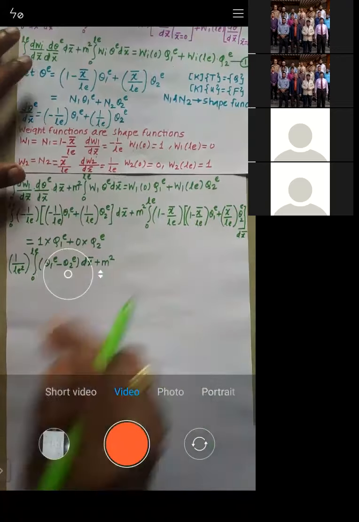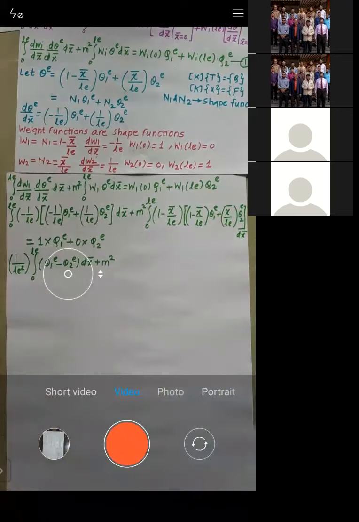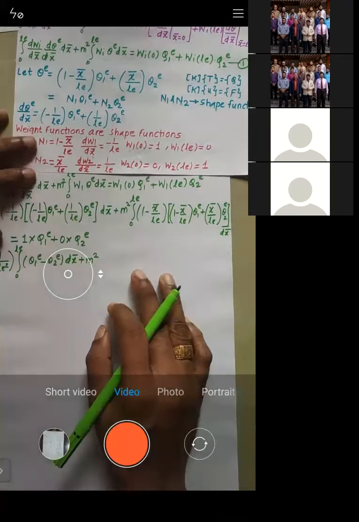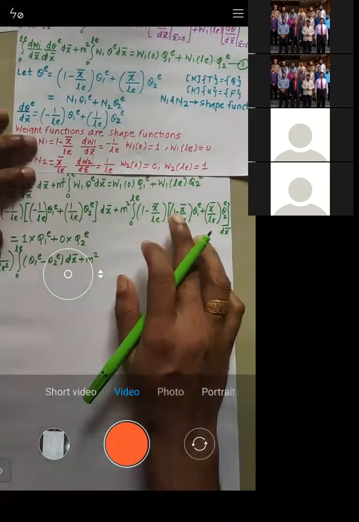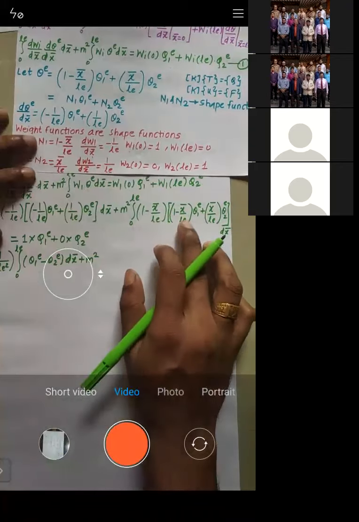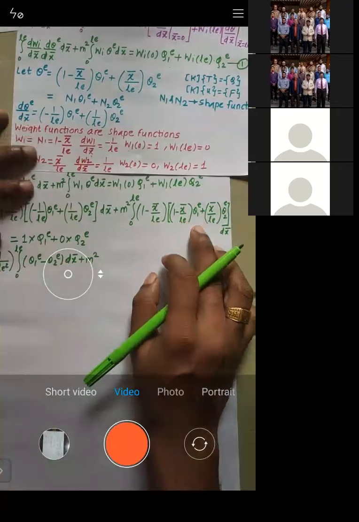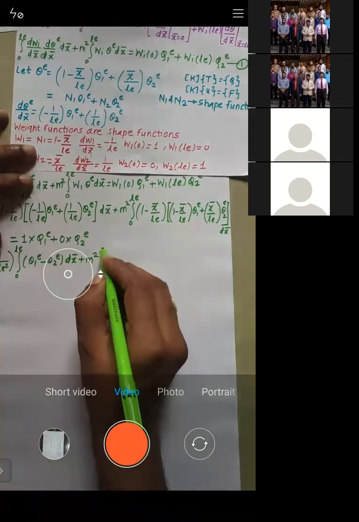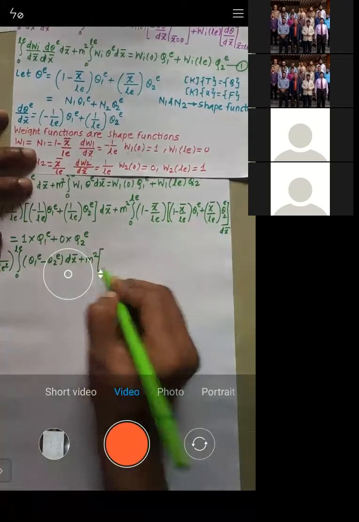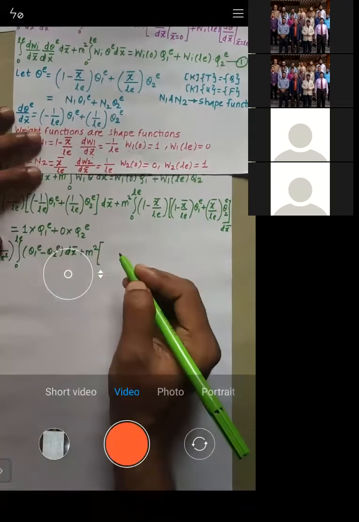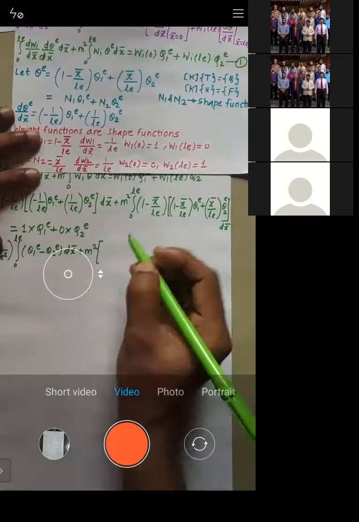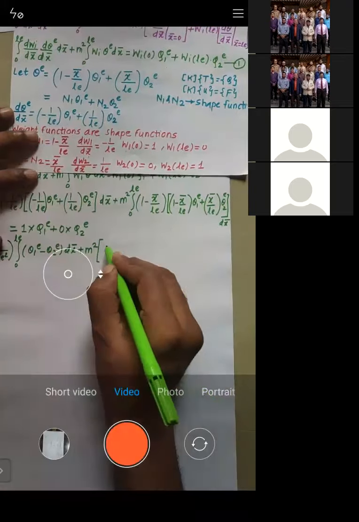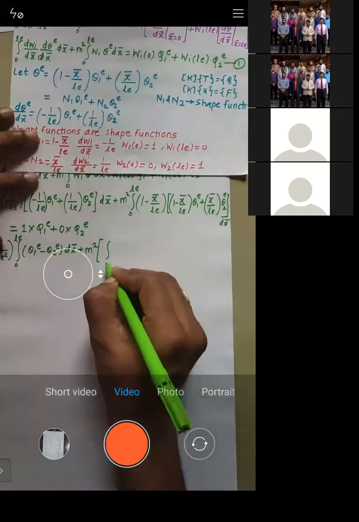Now see, here you need to multiply m square. Let us multiply this into this, so I'll put a bigger bracket. Integration 0 to LE.